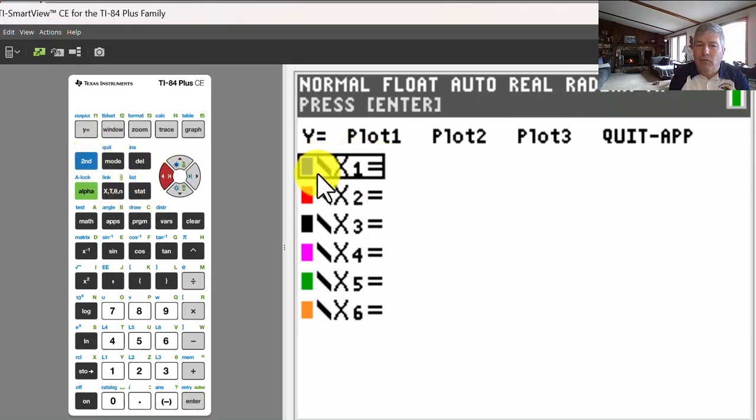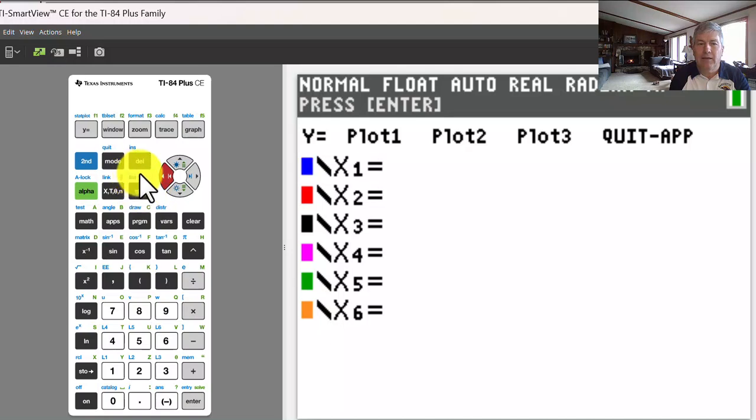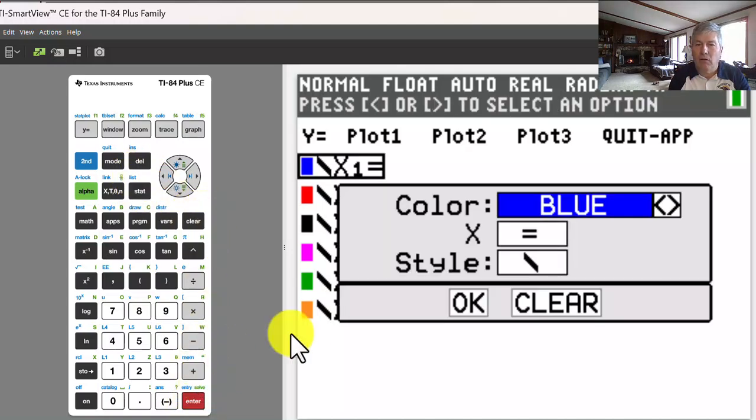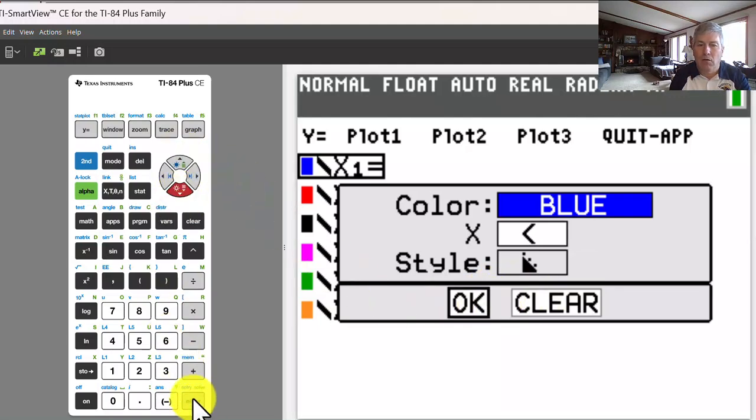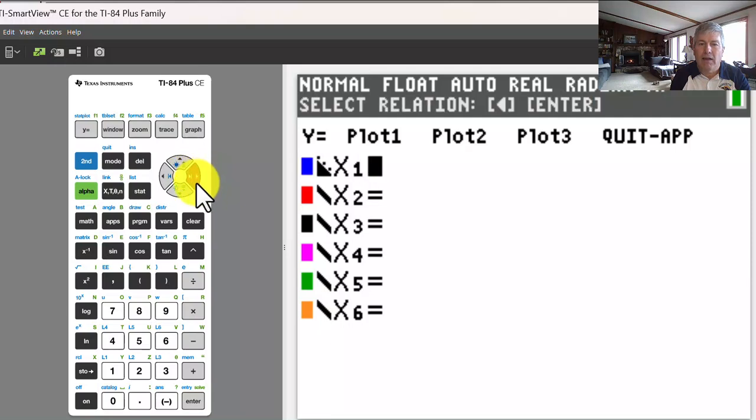I'm going to cursor to the right, highlight this, and hit enter. Now it gives me some options, and I can change my equals to less than, less than or equal to, or greater than or equal to, but I want x is less than. So cursor down, okay. So now I have x is less than negative 9.